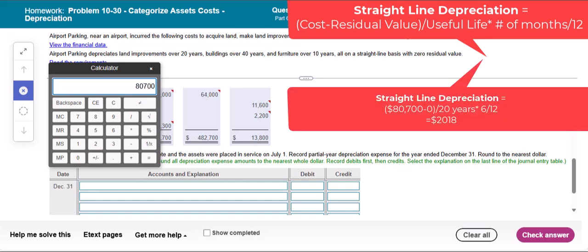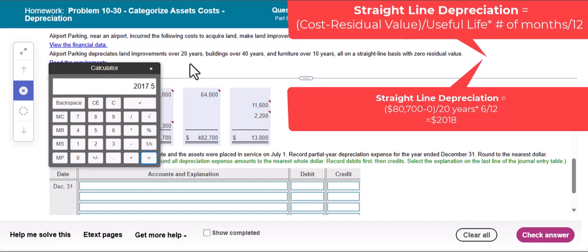So 80,700, and then we're going to go ahead and subtract 0 for residual value, and then we're going to divide by the useful life, which is 20 years. But then that's not our ending step. We have to also divide this by 12 to get the number of months and multiply that number by 6 because, again, it's been 6 months out of that year.